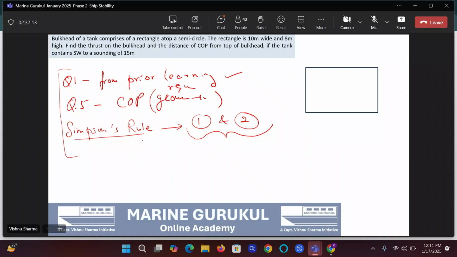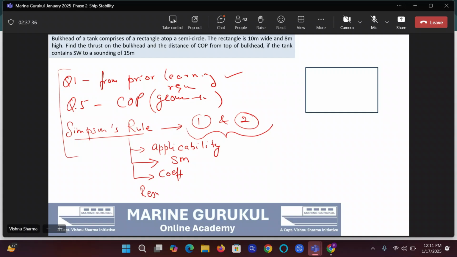What do you need to see here? What is the applicability criteria for each rule? When is rule 1 applicable? When is rule 2 applicable? Only 1 and 2, not 3. Then what are the Simpson's multipliers? What are the coefficients? How do we get the final result formula?